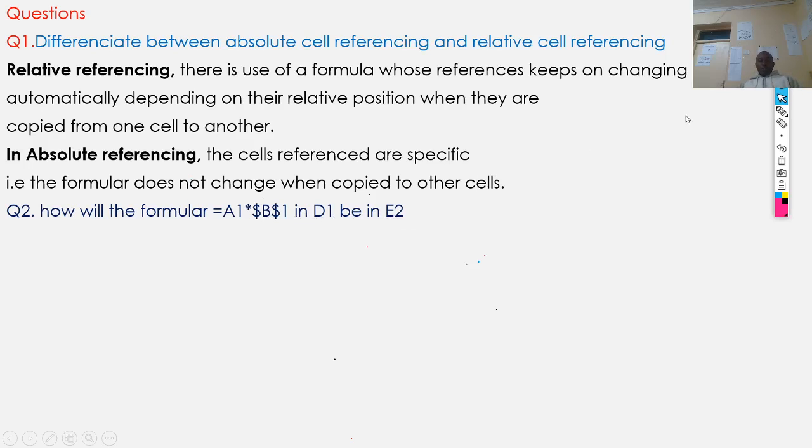In such questions, what you do is I write the D1 here. I can even make something like a table. Then I write the D1 and I write here E2. Then I need to know my letters.